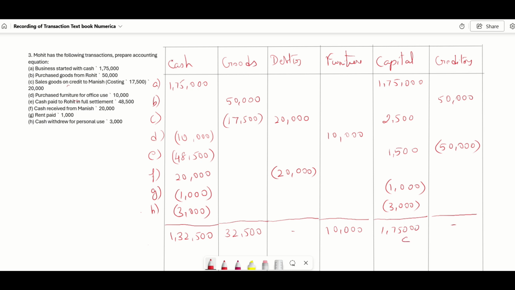So this is capital, liability, there is no liability, and from here till here it is asset. Okay, so this comes to a total of 1,75,000, and this side also it is 1,75,000, and hence it is tallied.